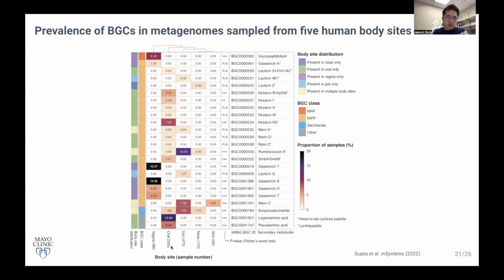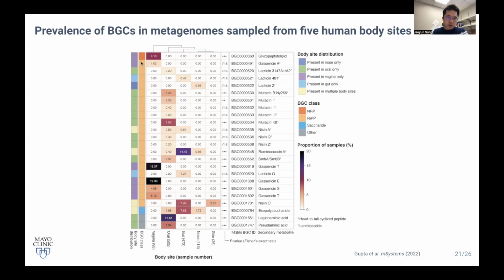Let's see, on the rows, we're showing the BGCs found in the body sites with their MIBiG database IDs and known secondary metabolic product. Colors here represent whether the BGC was found exclusively in one body site or multiple body sites.